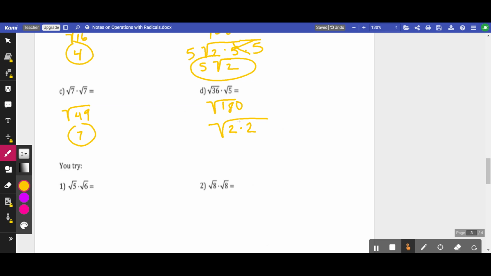And then once you're at 45, you couldn't take a 2 out. So you can try and divide the 45 by 3, and then if you do, you'll have 15. So you take another 3 out of the 15, and then you're left with the 5, which is also prime. So you can list that there. And then you can bring them out in groups of 2. So your group of 2s can come out and then 3, so it'd be 2 times 3 on the outside there then. So that'd be 6 square root of 5.